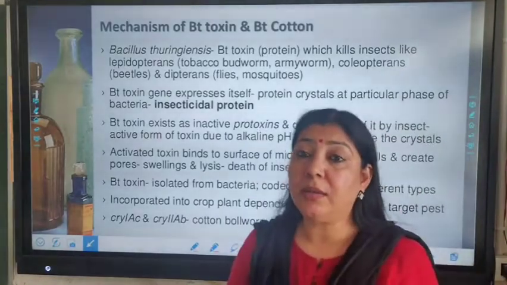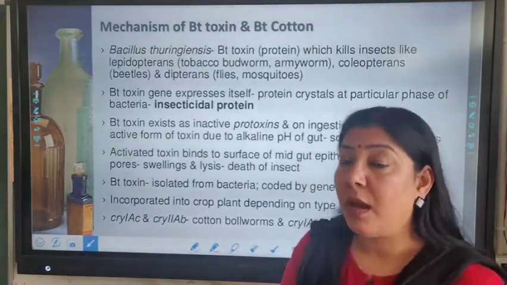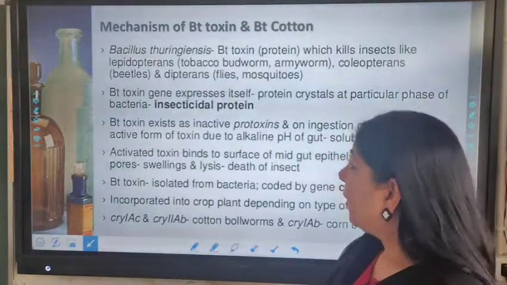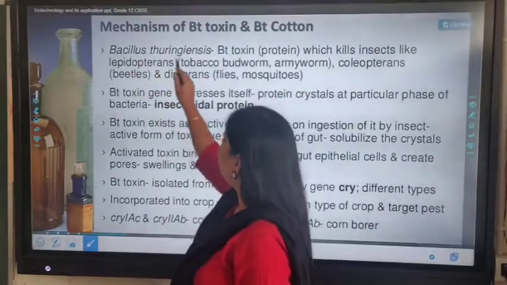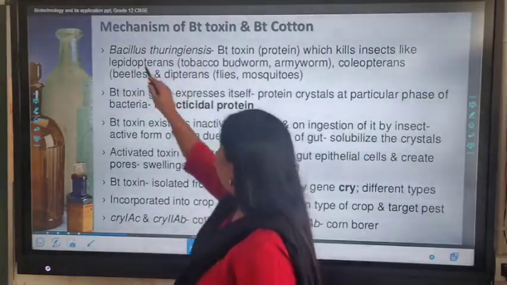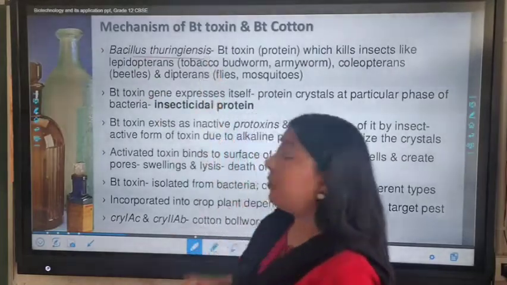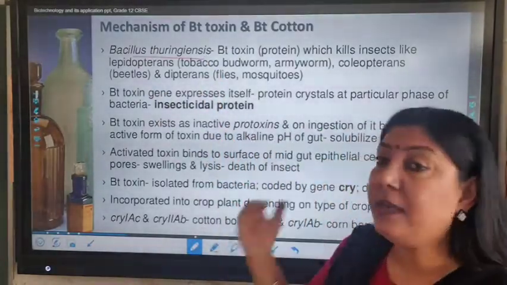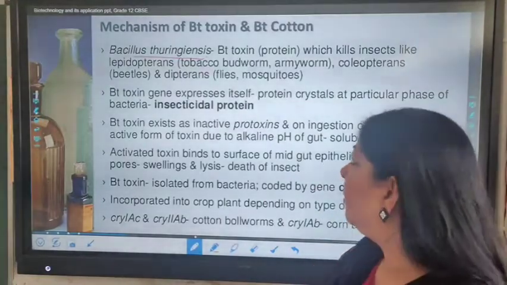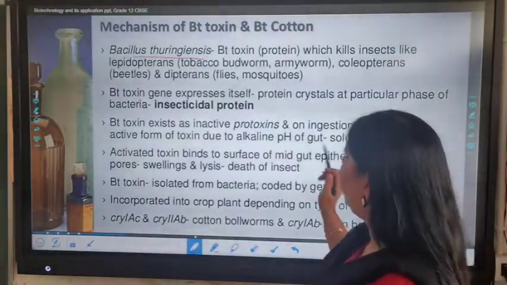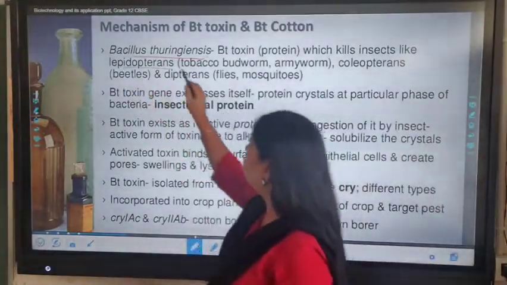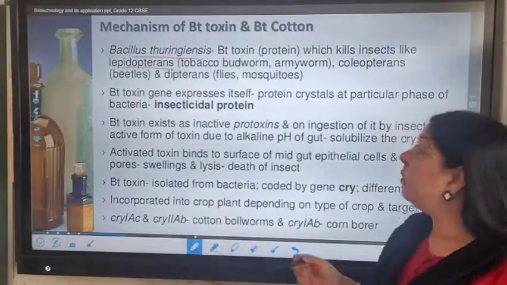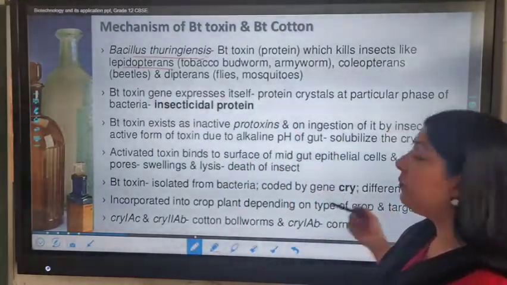Let us now see the details of the mechanism, how this process is used. This Bacillus thuringiensis bacterium is very effective against three types of insects. These may be the lepidopterans like tobacco budworm or armyworm.